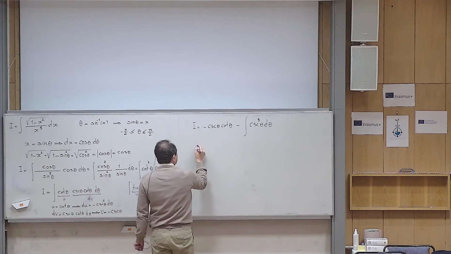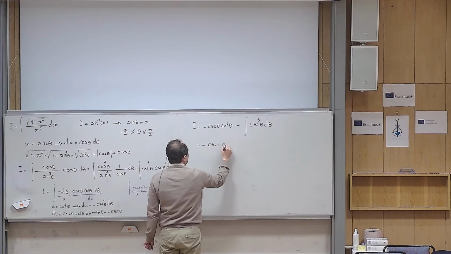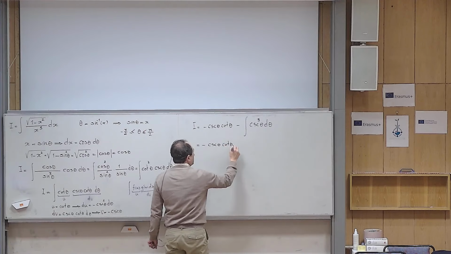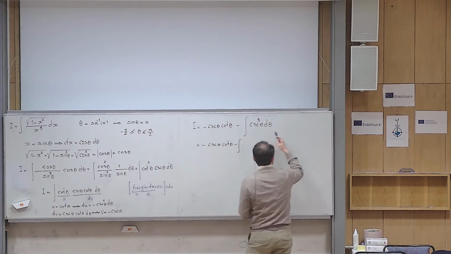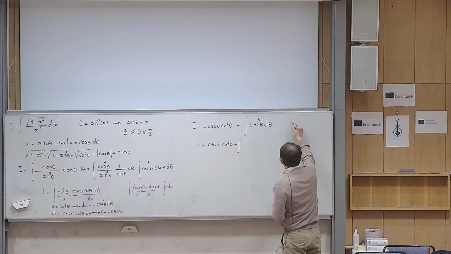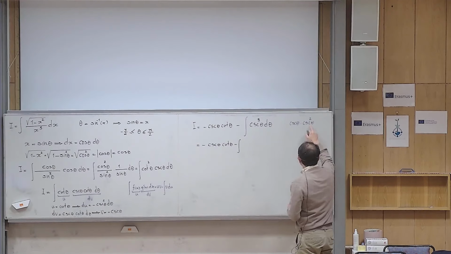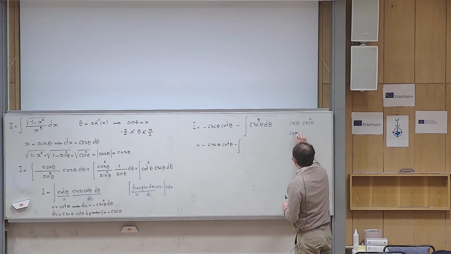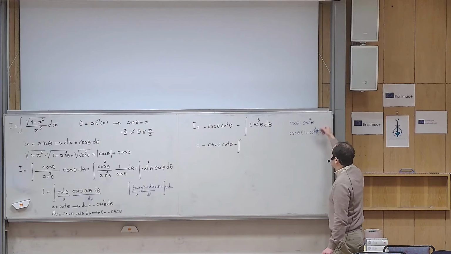Okay, so what I can do, I can write it as minus cosecant theta cotangent theta, and then minus. This cosecant theta to the power of 3 can be viewed as cosecant theta multiplied by cosecant theta squared. But this one can be written as 1 plus cotangent theta squared. This is the standard formula, yes?